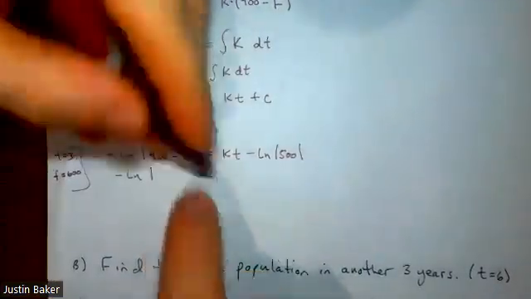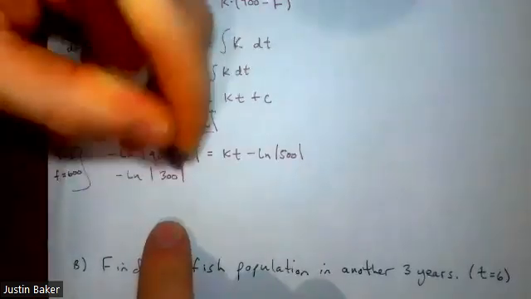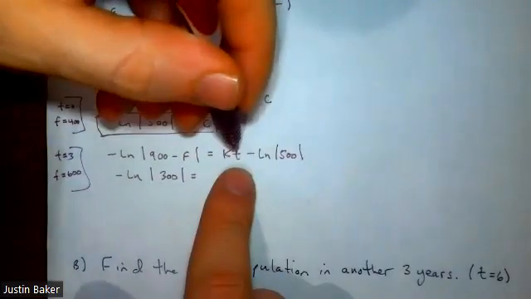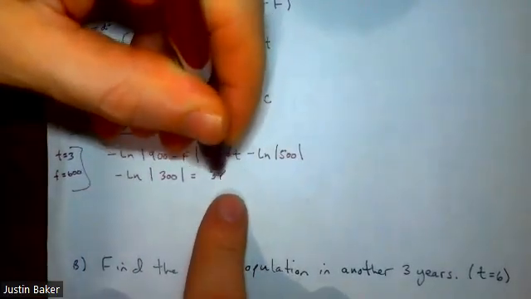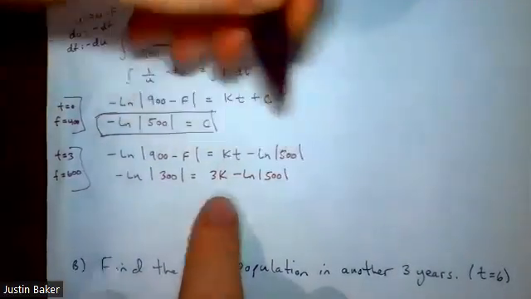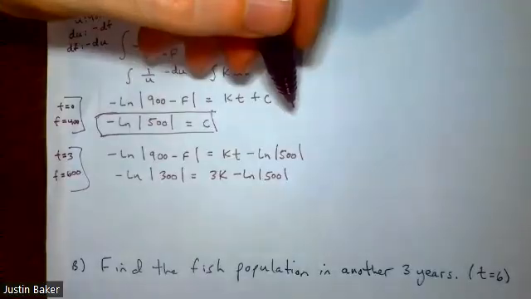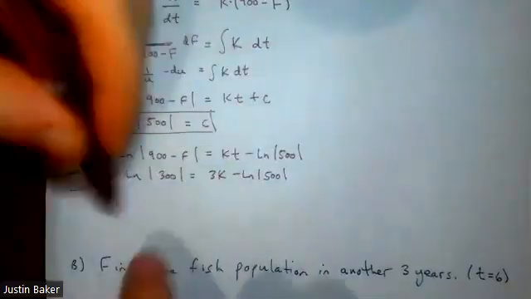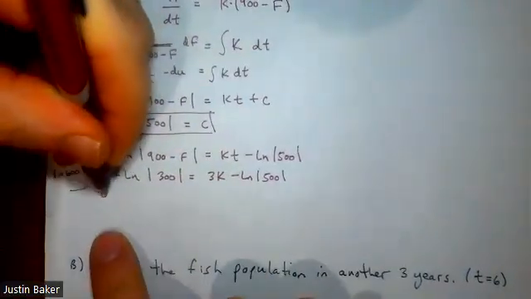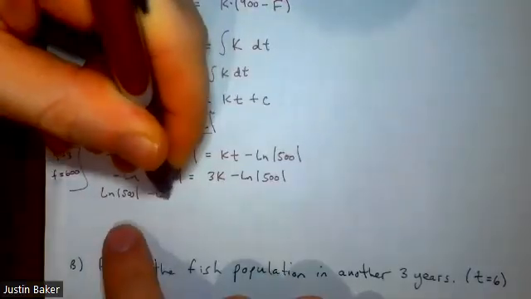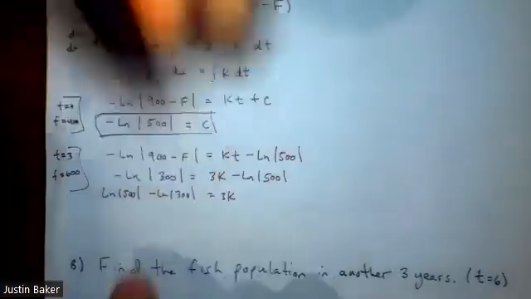Put a 600 in, so that makes that 300 is equal to, we're going to put a 3 in for t, so 3k minus natural log 500. All right, and we're going to go ahead and solve this for k. So I'm going to take the natural log out of there, so I'm going to add that over. So now I see natural log 500 minus natural log 300 is equal to 3k.